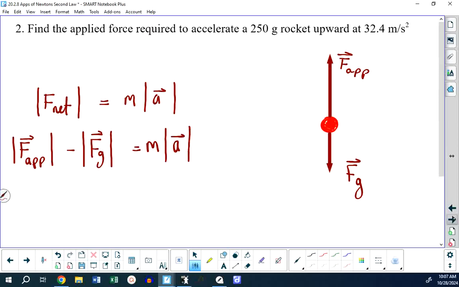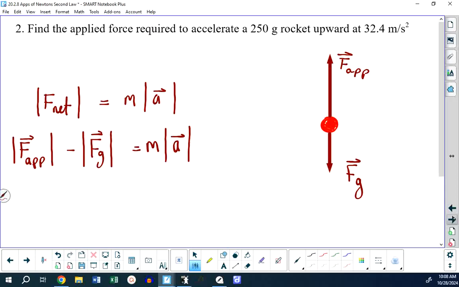So not to belabor a point, Ephraim, but I keep coming back to this because I think it's important, and you had asked about it. Rather than me saying up is positive and down is negative, all I'm doing is looking at the diagram and saying the magnitude of the net force is the bigger force minus the opposing smaller force. If there was an applied force up that was smaller, then I would have written the magnitude of the force of gravity minus the magnitude of the applied force.